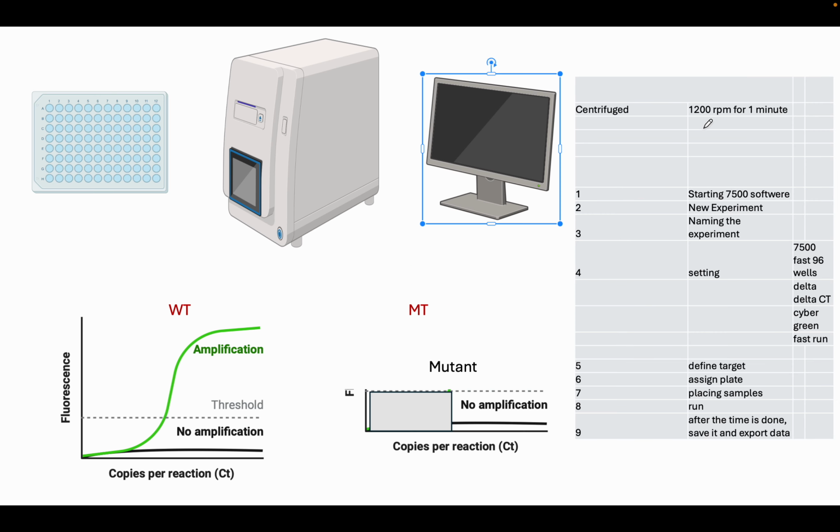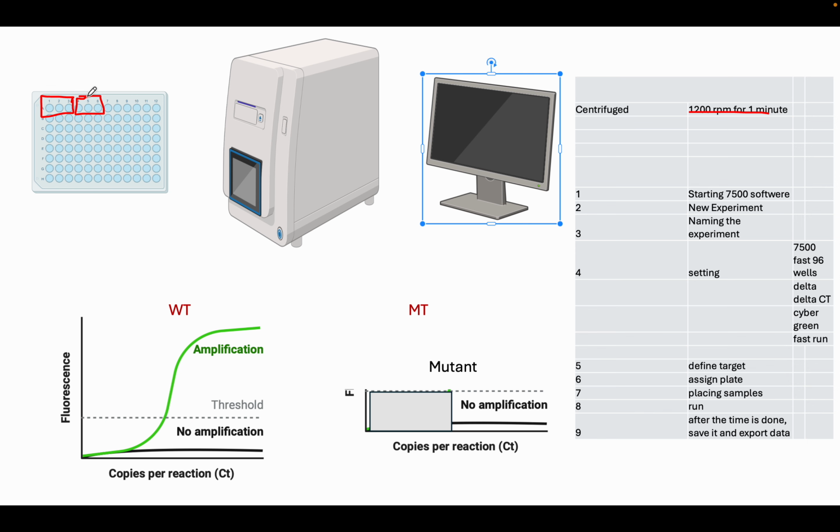Then I will centrifuge it briefly at 1200 RPM for 1 minute. Now these 3 wells have my wild type DNA, and these 3 wells have mutant DNA, which is actually complementary DNA of the RNA.